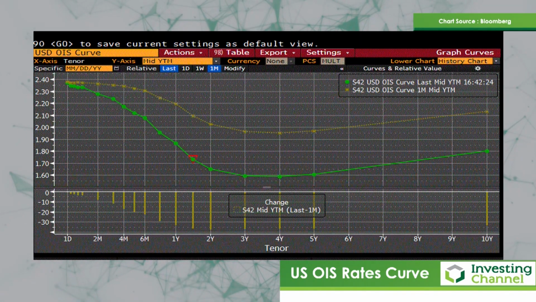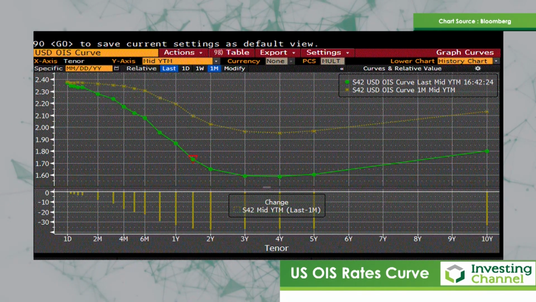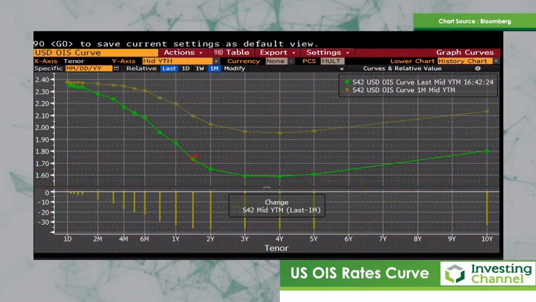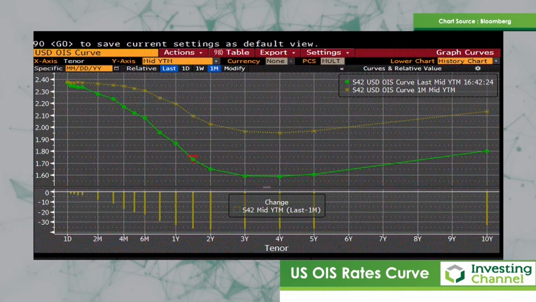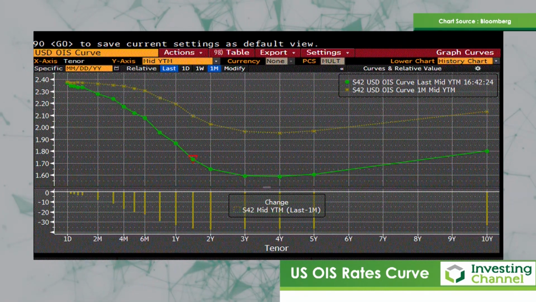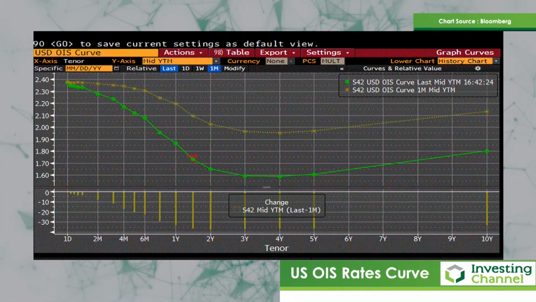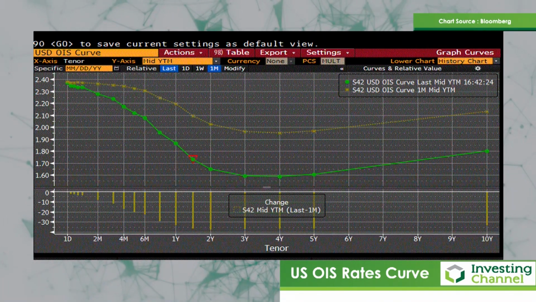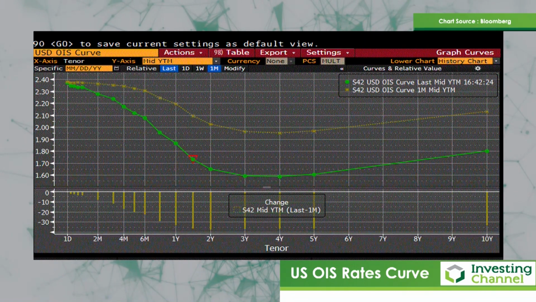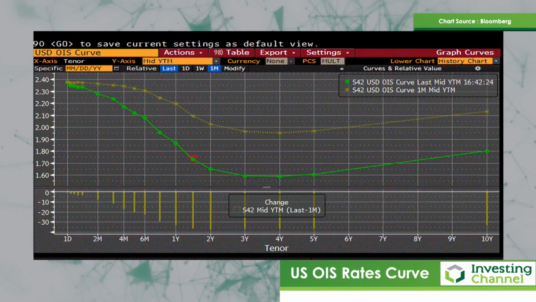As one can see, pretty much the whole curve has shifted, particularly from 1 year out, by 30 to 40 basis points lower. So we are not actually anticipating a rate cut next week, though there is still a 30% probability attached to it. And one can definitely say by looking at that OIS curve that the market has certainly discounted a lot in terms of what's going forward. In fact, by March of next year, we're looking at something in the region of at least 3, if not 4 rate cuts in the States.